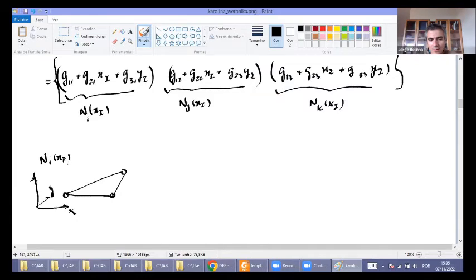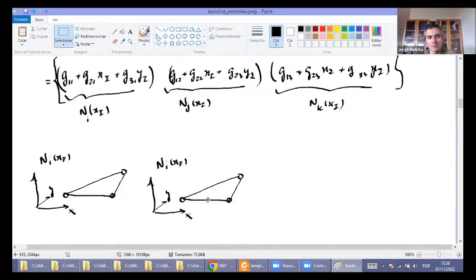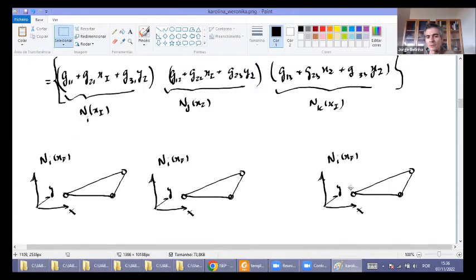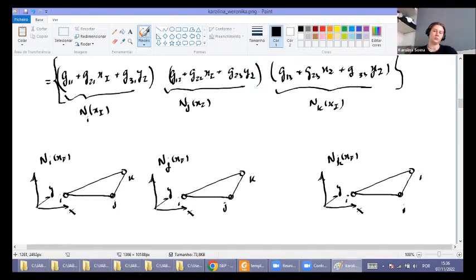I'm going to copy paste this one two times so I can draw all of them, the I, J and K. You can plot it yourself at home if you have time.